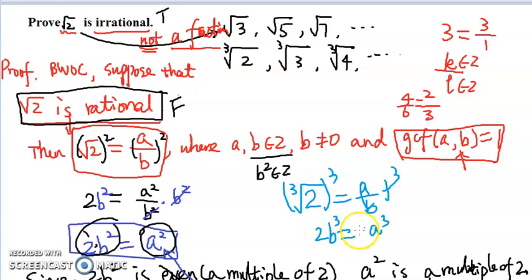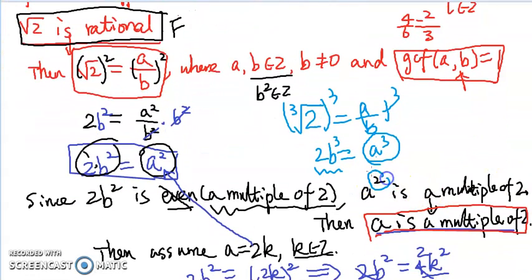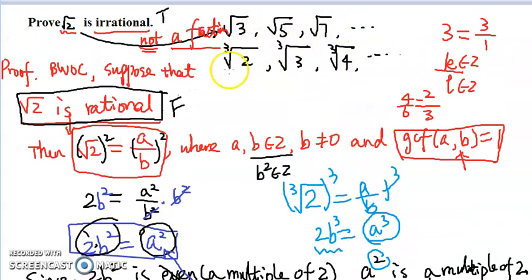So you will have a cubed instead of a squared. We had a squared here, but if it's a cube root, you're going to have a cubed is a multiple of 2. And then similarly, you can still prove a is a multiple of 2, and so on, to get a contradiction. So here is an example to help you prove similar questions like square root 2, cube root 2, or so on, to prove these numbers are irrational.